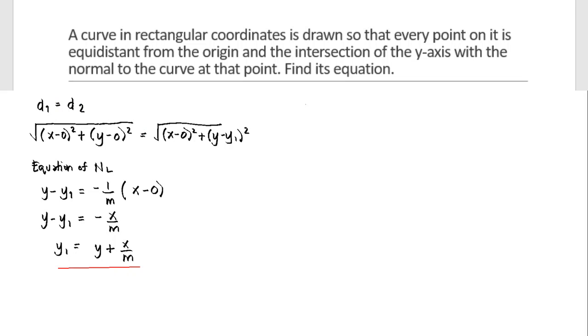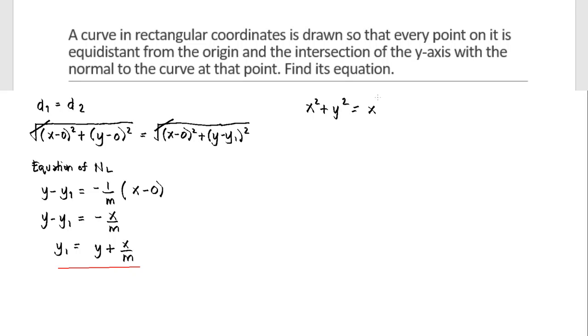Okay guys, before we proceed, on this equation, I will just cancel out the square root sign because, of course, if you square both sides, that will be canceled out. So what will remain would be x squared plus y squared equals x squared plus y minus y1 squared.